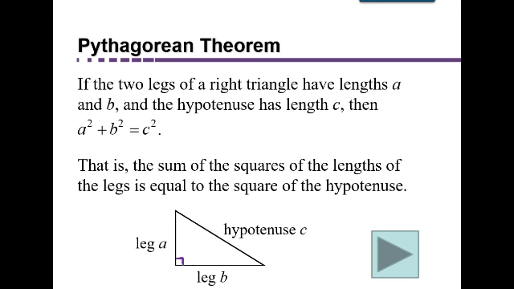If you label the sides of a right triangle A, B, and C, where C is the hypotenuse, which is the side opposite the right angle, then the relationship between the sides is always a squared plus b squared equals c squared. It's called the Pythagorean Theorem because they give credit to Pythagoras for figuring this out.